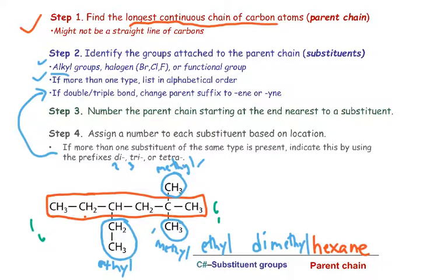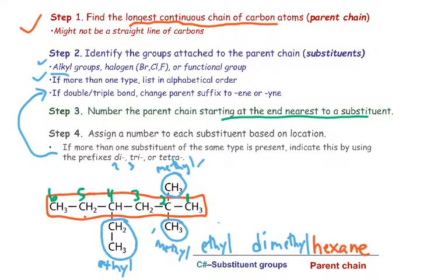And the rule for labeling is you want to start at the end that's nearest to a substituent. So the substituents are really heavy on the right side. They're closest to the right end. So that's where we're going to start numbering. So this carbon, we're going to call carbon 1, carbon 2, carbon 3, carbon 4, 5, and 6.